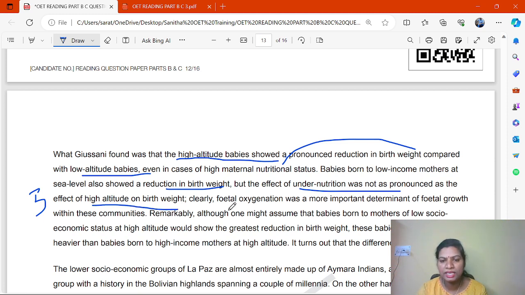Clearly, fetal oxygenation was a more important determinant of fetal growth within these communities. Remarkably, although one might assume that babies born to mothers of low socioeconomic status at high altitude would show the greatest reduction in birth weight, these babies were actually heavier than babies born to high income mothers at high altitude. It turns out that the difference lies in ancestry.